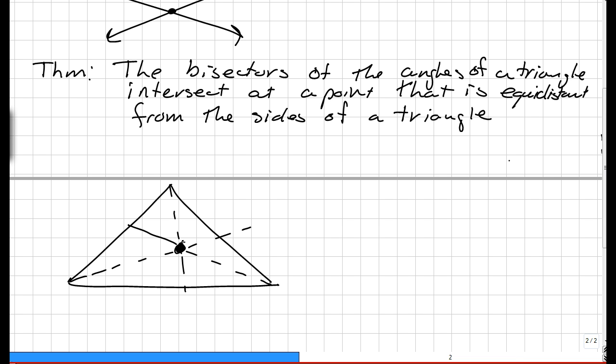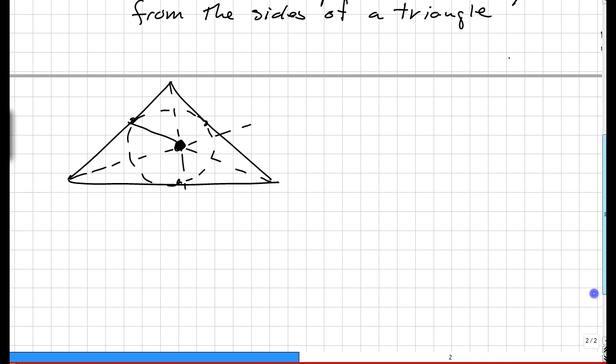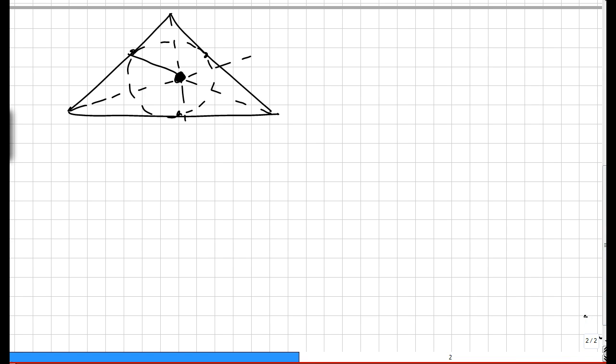And the distance from this point to the sides of the triangle is the same distance. Okay, so that gives us this could be the center of a circle, and then we could put a circle inside it. It would touch or be tangent to the sides of the triangle. So the angle bisectors give us a point equidistant from the sides of a triangle. Okay? So that's from bisecting the angles.